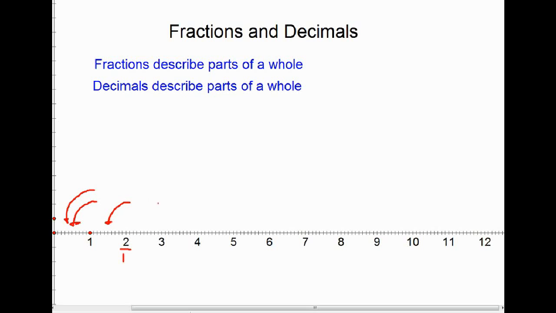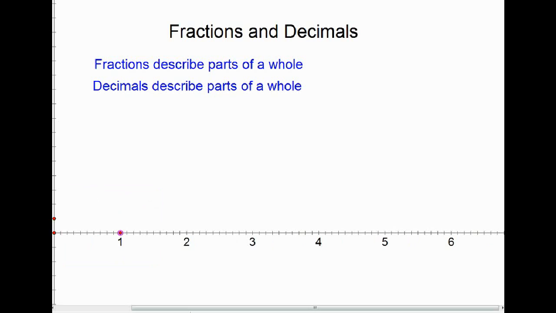But in between these values, we do have parts of whole numbers. And up till this point, we've described those as fractions. So if I look a little closer at the ones here, I can see that I have 10 pieces in between the ones here.